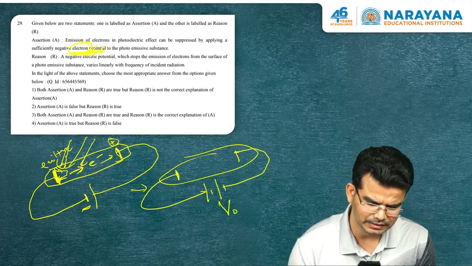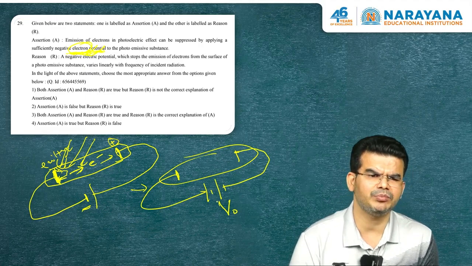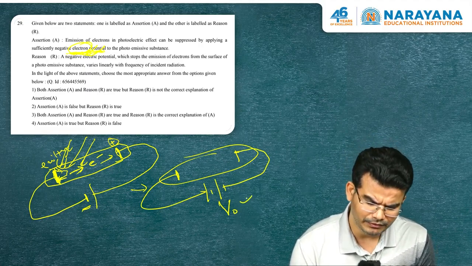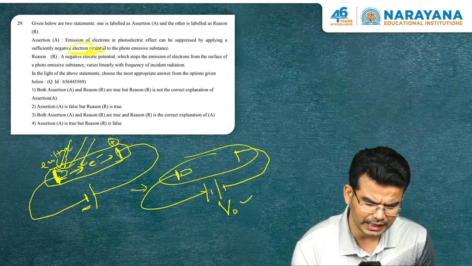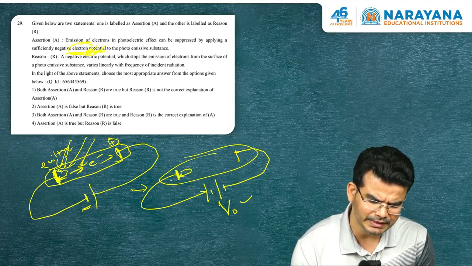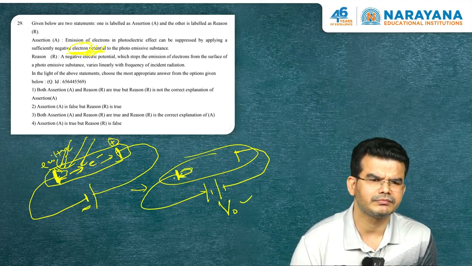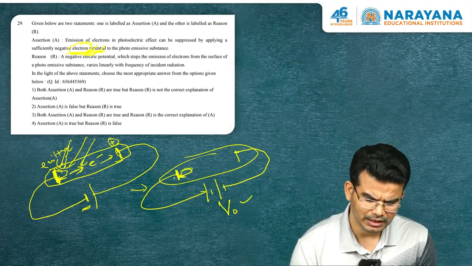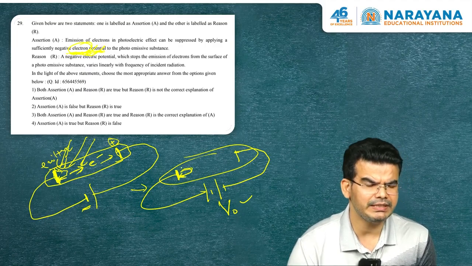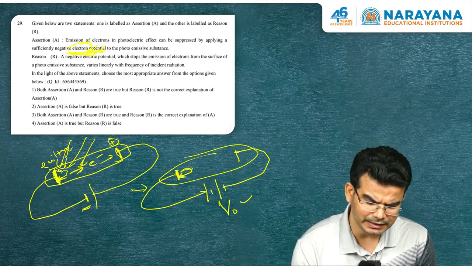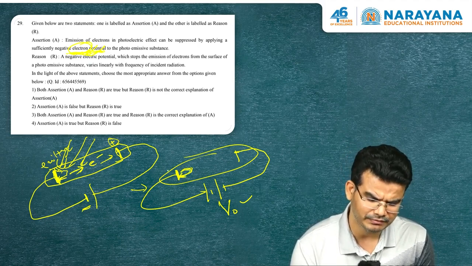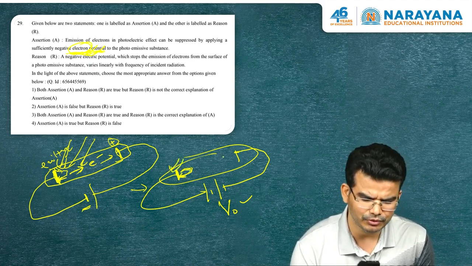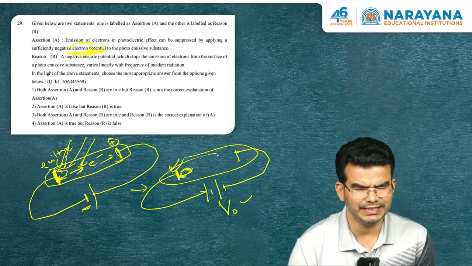At a particular sufficient potential, the electron, even if it is emitted, is reabsorbed. JEE Advanced has also asked this. So, at stopping potential, although the electron is emitted, it is reabsorbed by the emitter itself, and that is why the photocurrent ceases to 0, that is what we are calling.